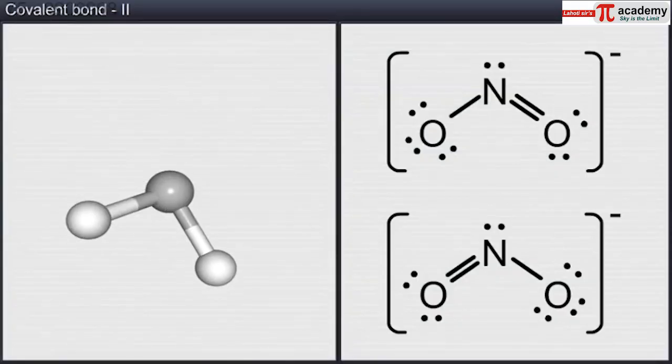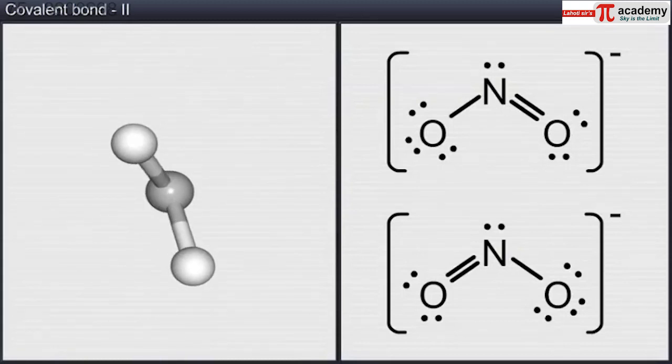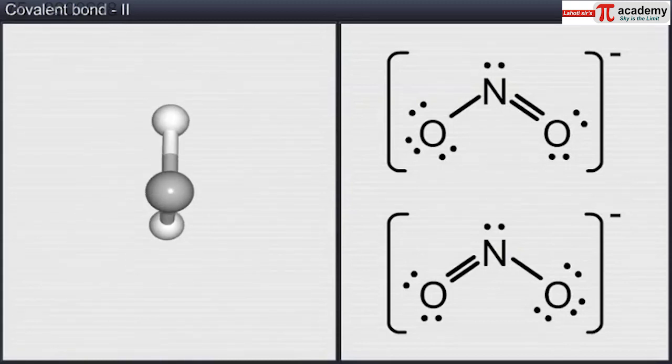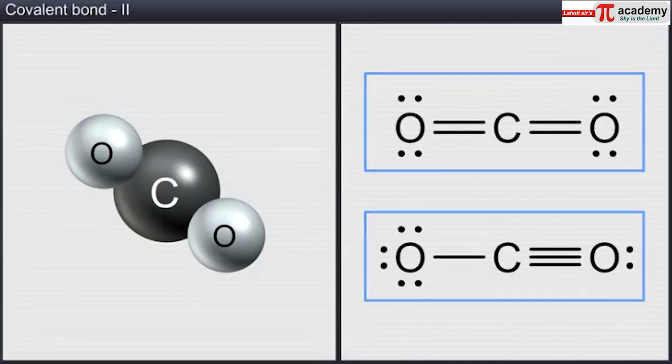However, in case of polyatomic molecules, there can be more than one possible Lewis structure for a molecule. To determine the best possible Lewis structure for a molecule, we need to find out the structure with the lowest energy from a number of possible Lewis structures.